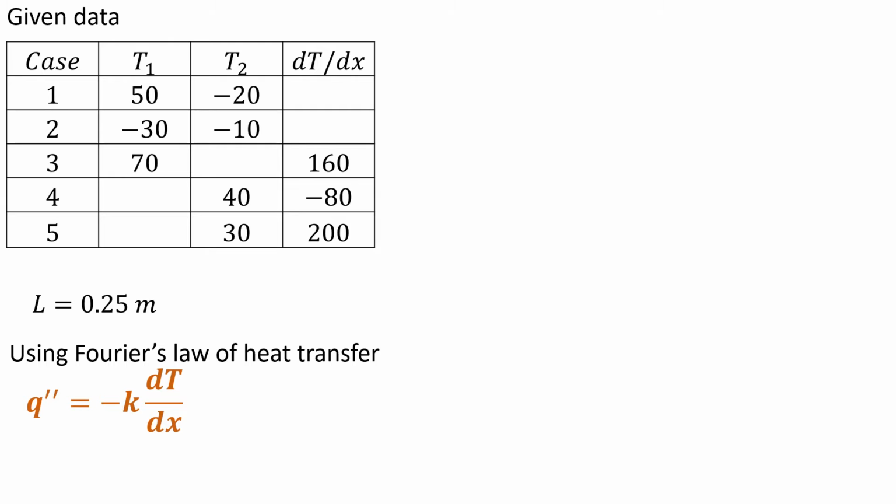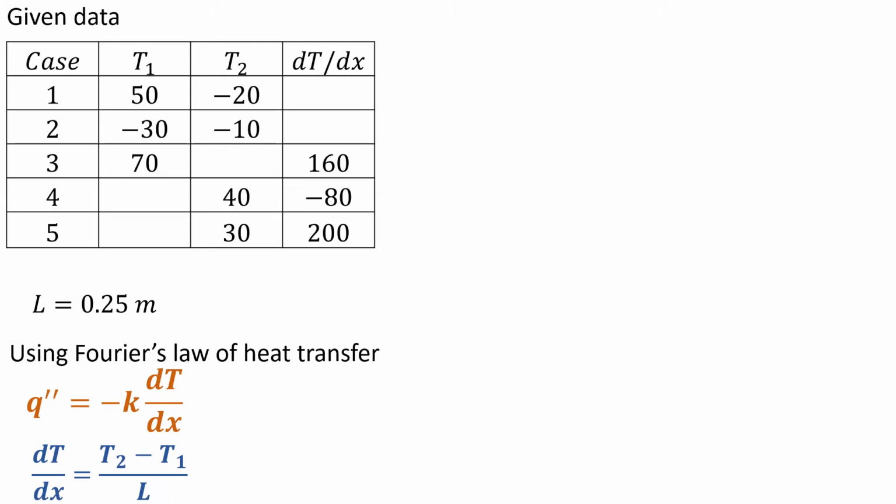Heat flux we have discussed in lecture number 3, and we find that heat flux is the heat transfer per unit perpendicular area. Here K is the thermal conductivity of the material and dt by dx is the temperature gradient in the x direction. We can write dt by dx is equal to T2 minus T1 over L.